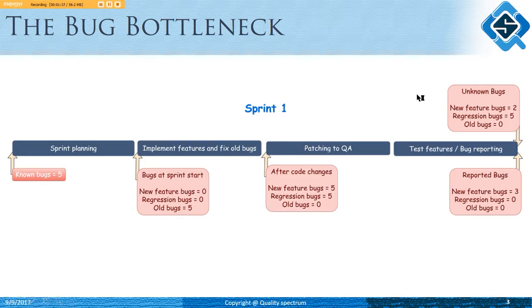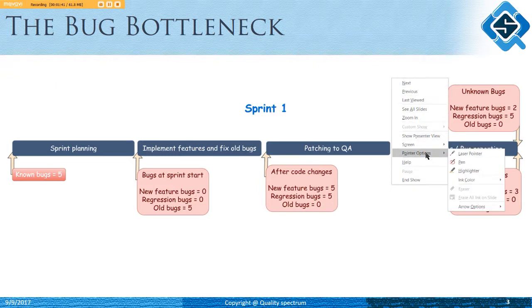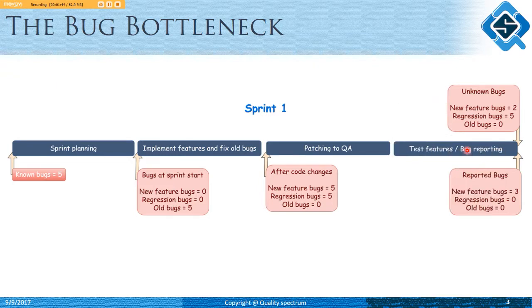So this is a typical sprint cycle through which any team would go. When we start off this test cycle, we are assuming that there are a few known bugs in the system, and there's a certain feature the development team is going to implement in this phase, and the few issues that have been reported would be fixed.